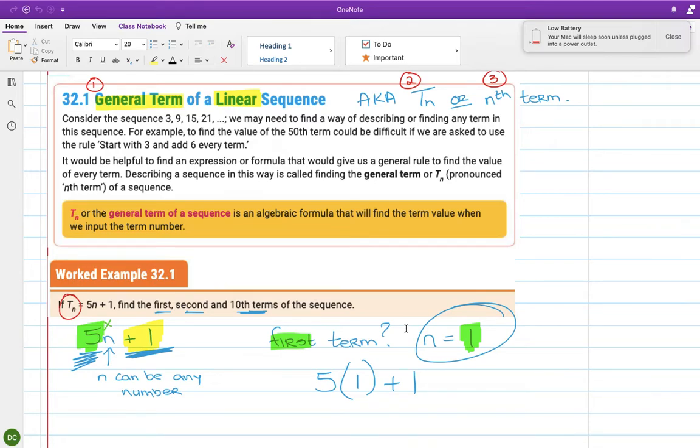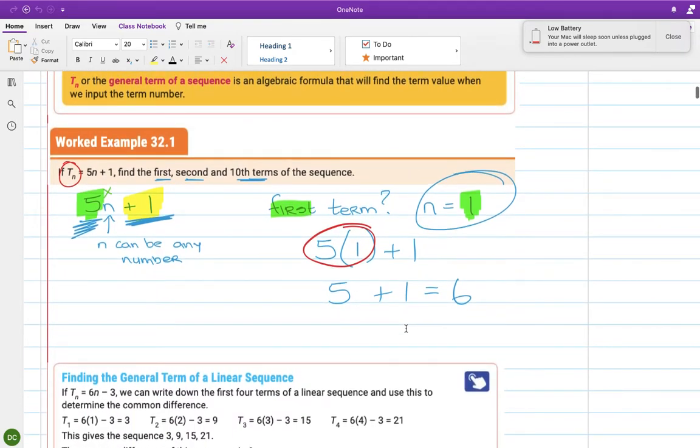So what's 5 times 1? That's 5. Plus 1 is 6. So the first term of this sequence is 6.